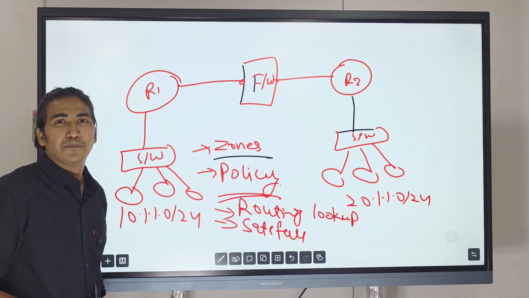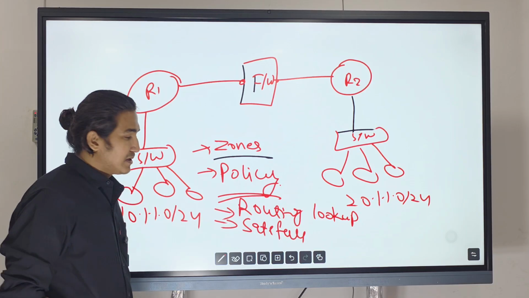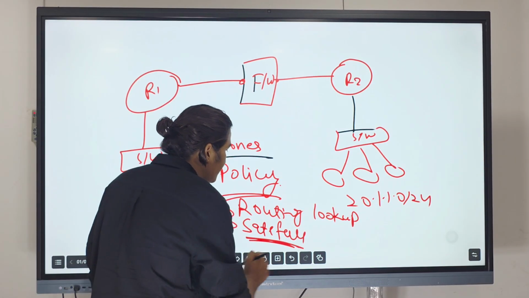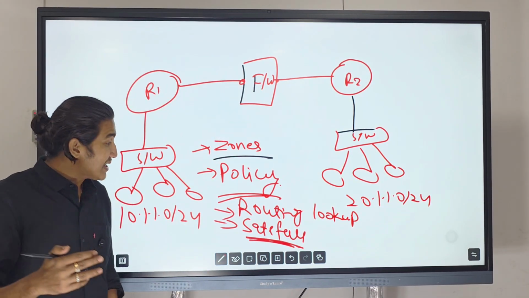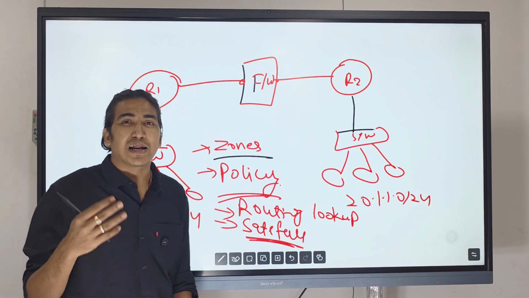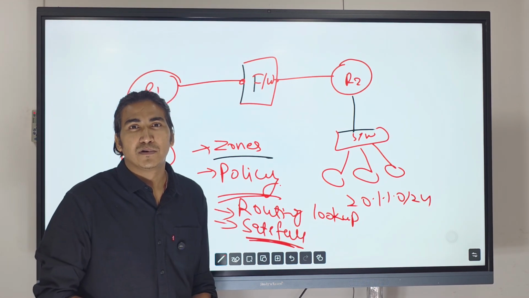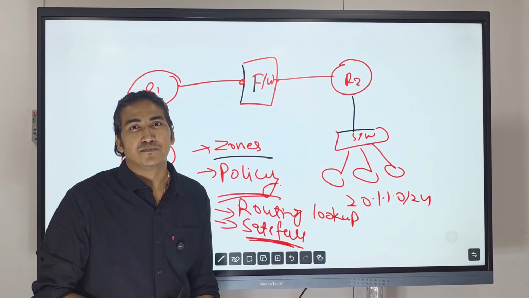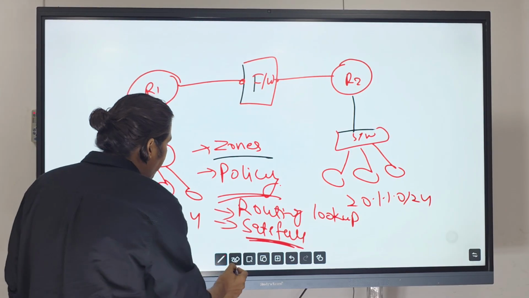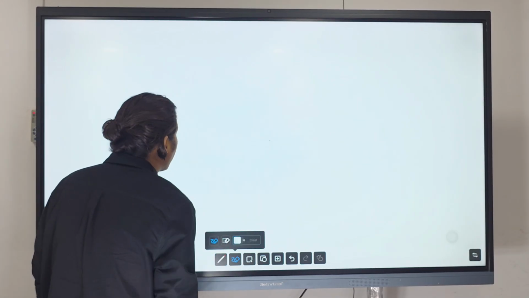What is the stateful behavior? Stateful behavior is one, guys, advanced concept of traffic forwarding on the firewall, right? So for an example, I am going to design one network here.